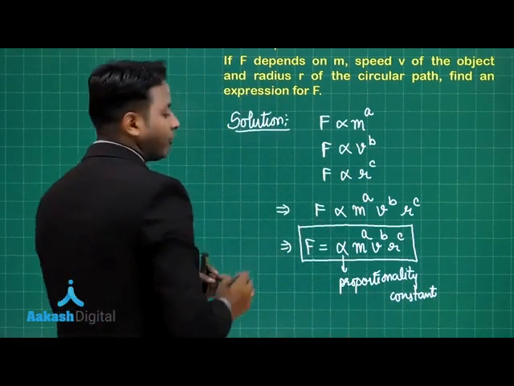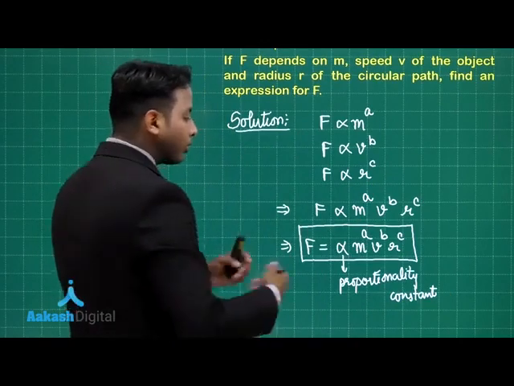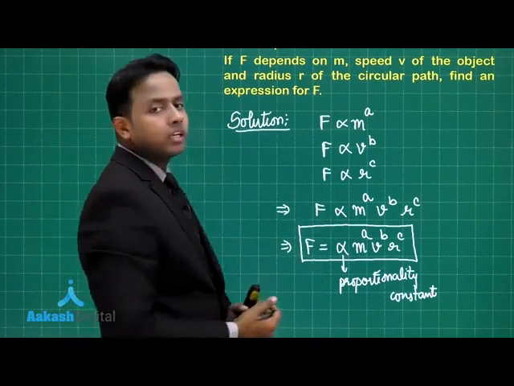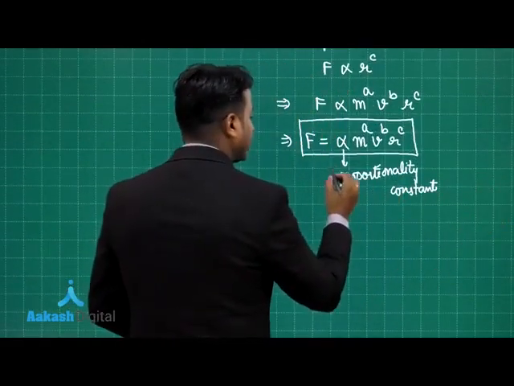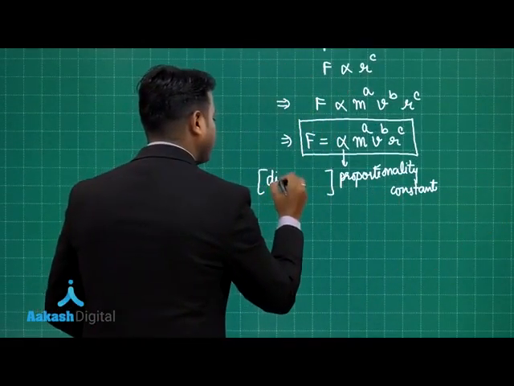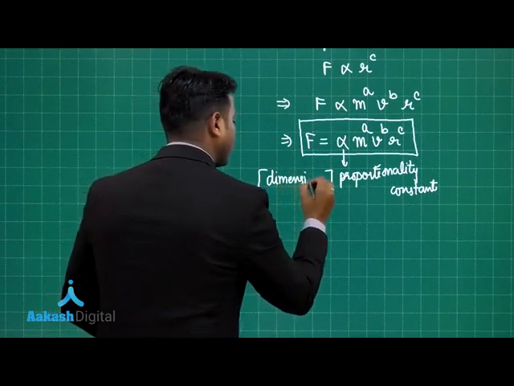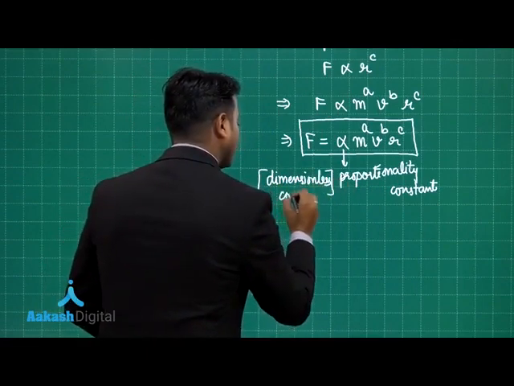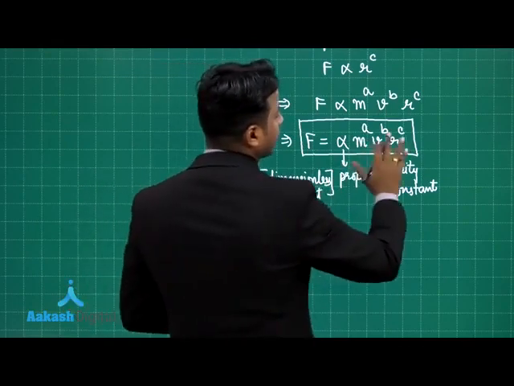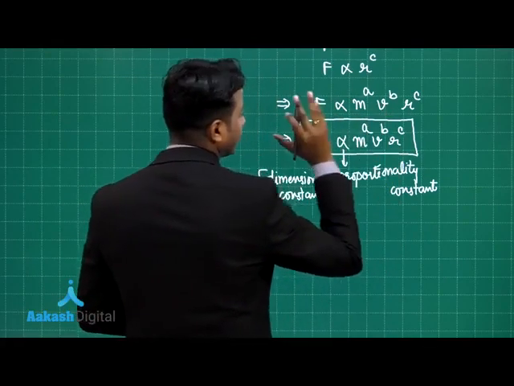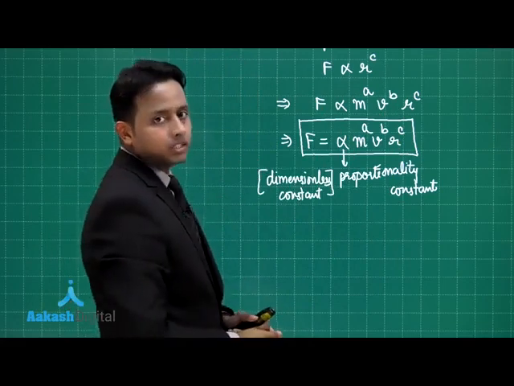Now this alpha we need not take care of, because if I write down the dimensions of both quantities, this alpha is a dimensionless constant, since all the dimensional parameters are being adjusted into mass, velocity and radius. I hope this is clear to you.